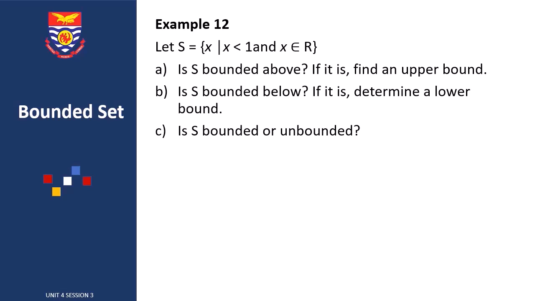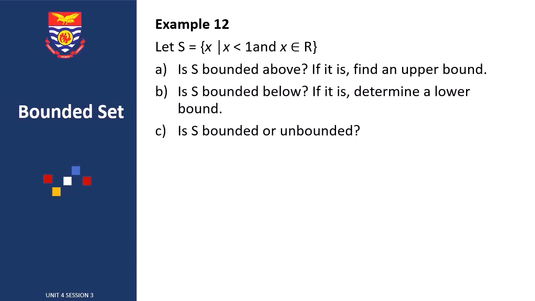Let S be the set such that x is less than 1 and x is a member of R. We want to show whether S is bounded above, and if so find an upper bound. Clearly you can see from the set that the set is bounded above by 1, because for all x in S we have x less than 1. All elements in the set are less than 1.